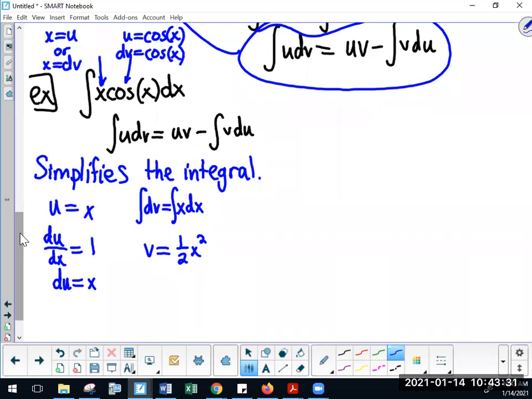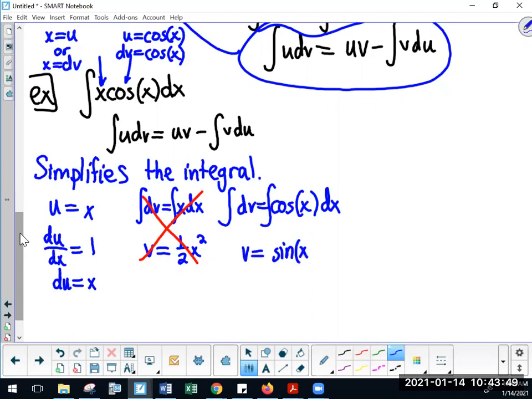Yeah. So that means if u is x, dv is cosine of x dx. So we anti-differentiate dv, we get v. Anti-differentiate cosine, we get sine of x, and we can actually make our formula work now.